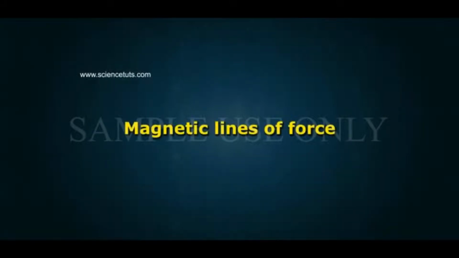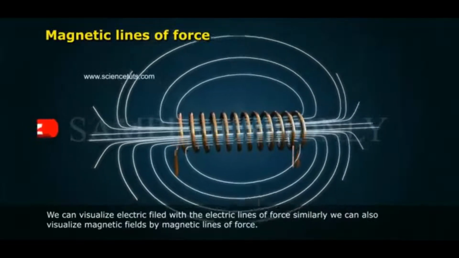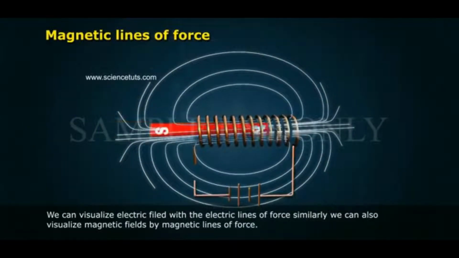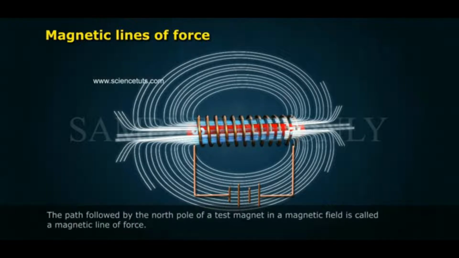Magnetic lines of force. We can visualize electric field with the electric lines of force. Similarly, we can also visualize magnetic fields by magnetic lines of force. The path followed by the north pole of a test magnet in a magnetic field is called a magnetic line of force.